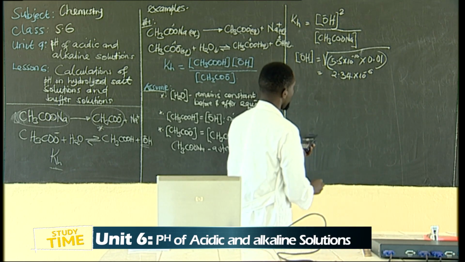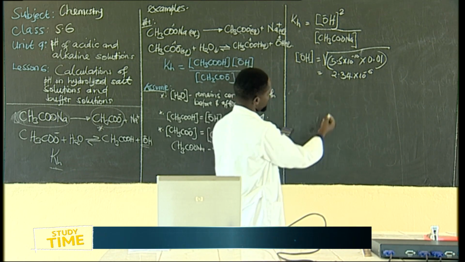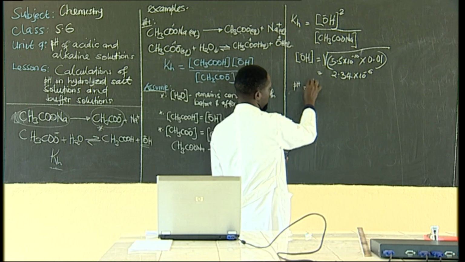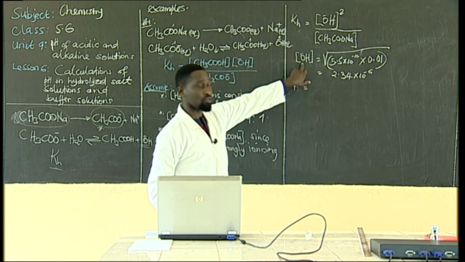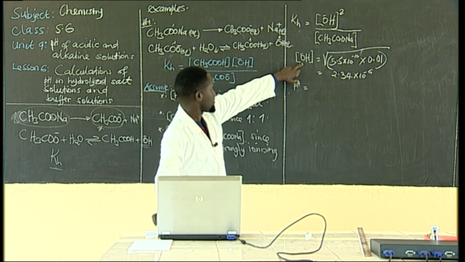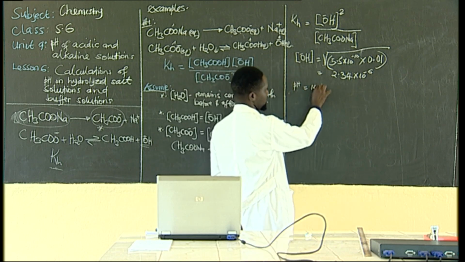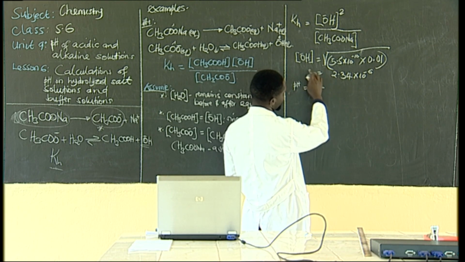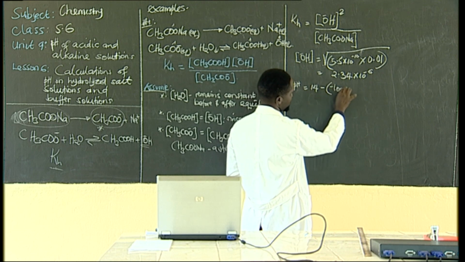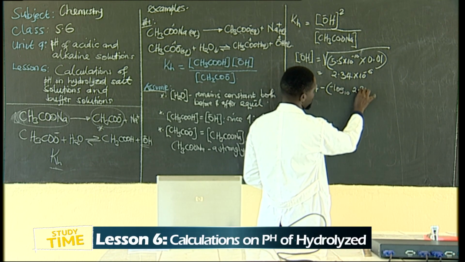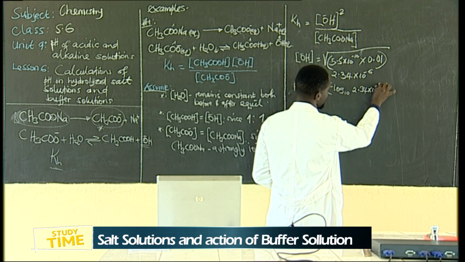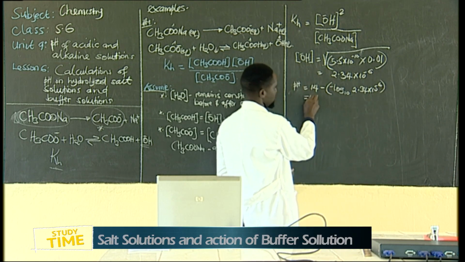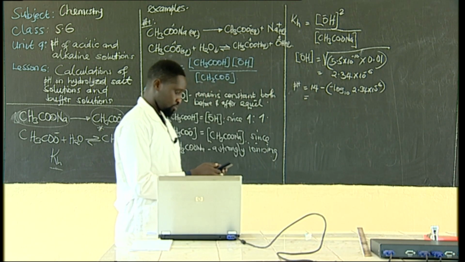So the pH will be, we shall apply the method of determining pH in bases, which will be 14 minus the pOH. So in this case, we are going to find negative log 10 of 2.34 exponent negative 6. Then we get the pH value.